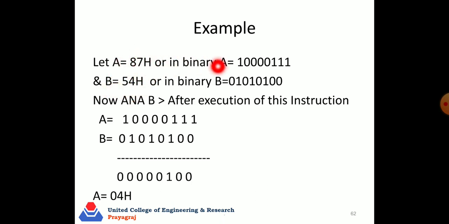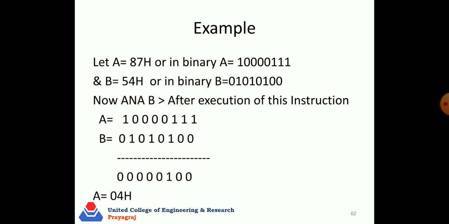If we convert to binary, as we know, 7 is 0111, 8 is 1000, and 54 is 0101 0100, using weights 8421: 4 plus 1 is 5, and then 4, so it becomes 54. So 87 and 54.